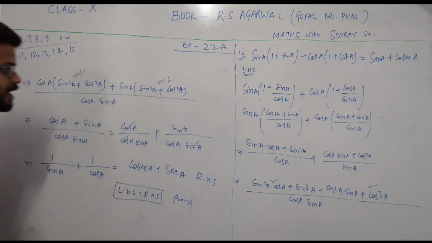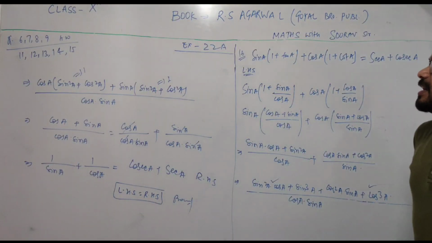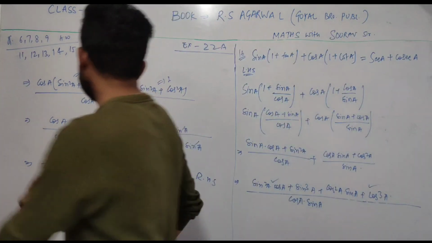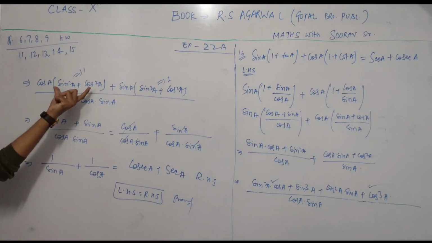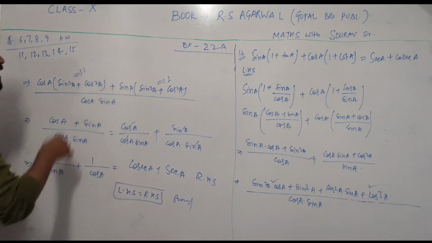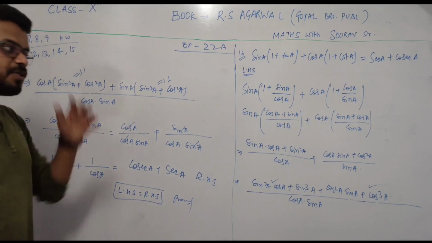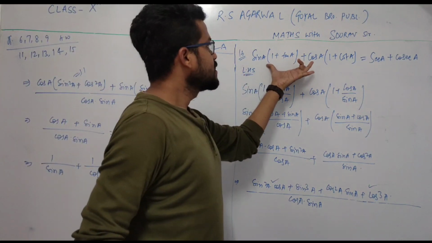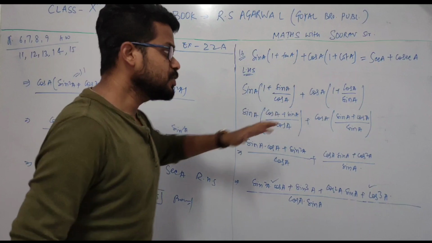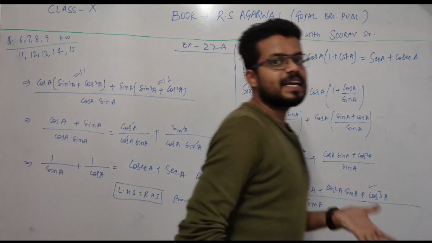Proved. Okay. Someone may have a question in their mind: how do I know to take the LCM as cos A sin A, and here this will become sin square A cos square A? How do we know this? By seeing the question. This comes only from practice.